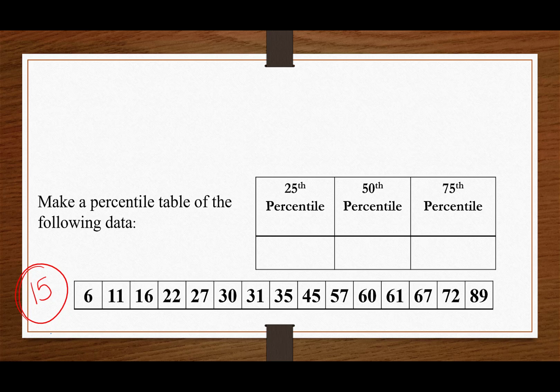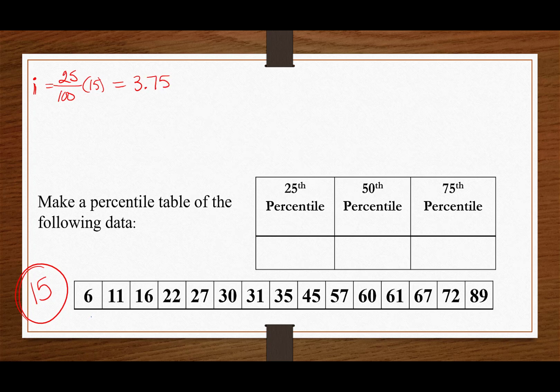And so to find the 25th percentile, we need to first identify 25% of the data. That would be 25 over 100 times 15. Remember, this is just to identify i, which is the position, and it gives us the decimal 3.75.